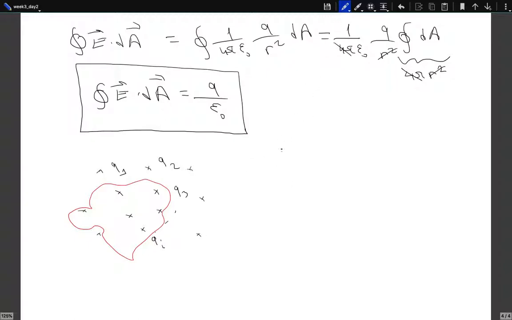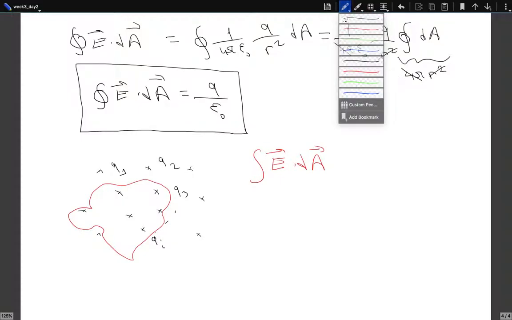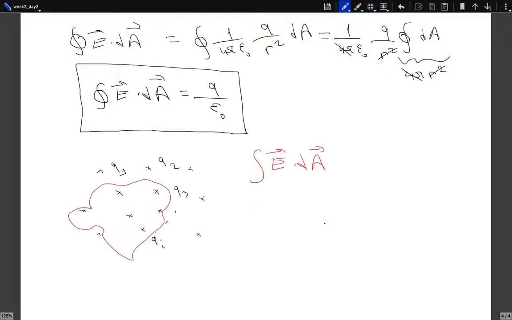Now, if you want to calculate E dot dA, first you should calculate the electric field.